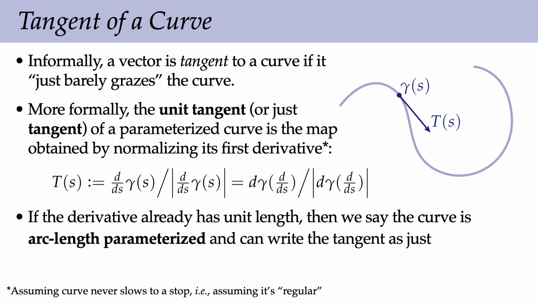This is a nice assumption because then we can simplify all these expressions. We can just say, oh, the tangent really is just the derivative of the curve with respect to s. Or equivalently, we can say that if we take the unit vector field on the interval and push it forward by the differential, then we get the unit tangent. Lengths are preserved by the map gamma. Another word for this is to say that gamma is an isometry. It preserves distances between points on the curve.